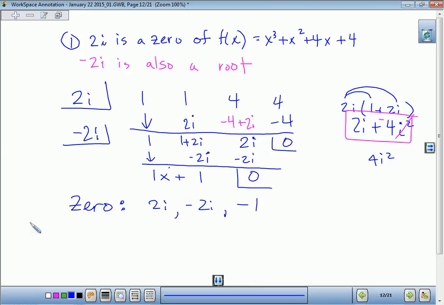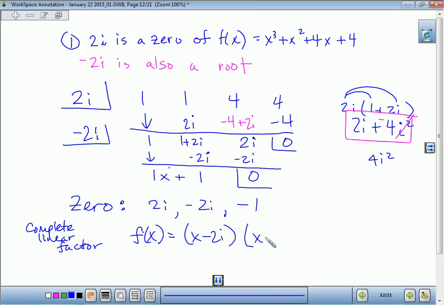And then if you wrote the complete linear factorization, it would look like this. Y equals, or f of x. Oh, I did f of x up top, didn't I? So let's do f of x. F of x equals x minus 2i, x minus negative 2i, which makes x plus 2i, and then we have x plus 1.